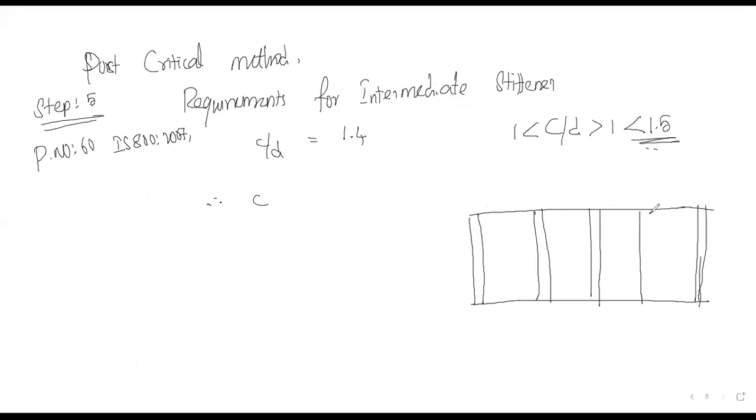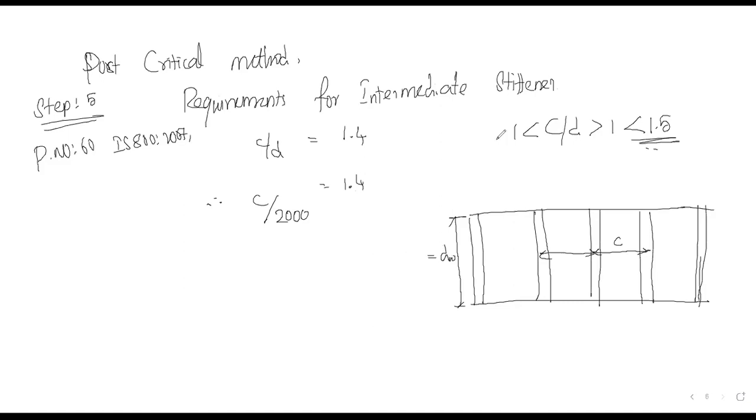So the spacing between the stiffeners is nothing but C. D is nothing but the depth of section. C by D is equal to 1.4 we have taken. D is equal to the depth of web I'm going to take.